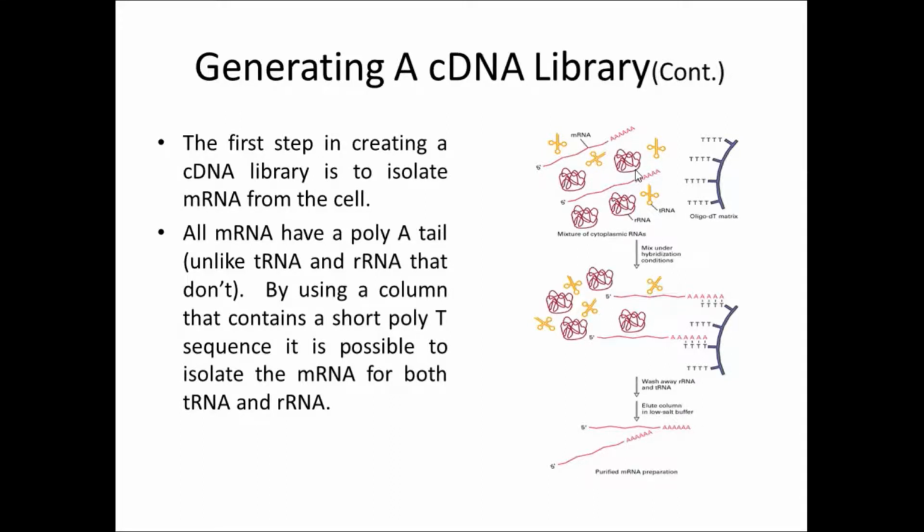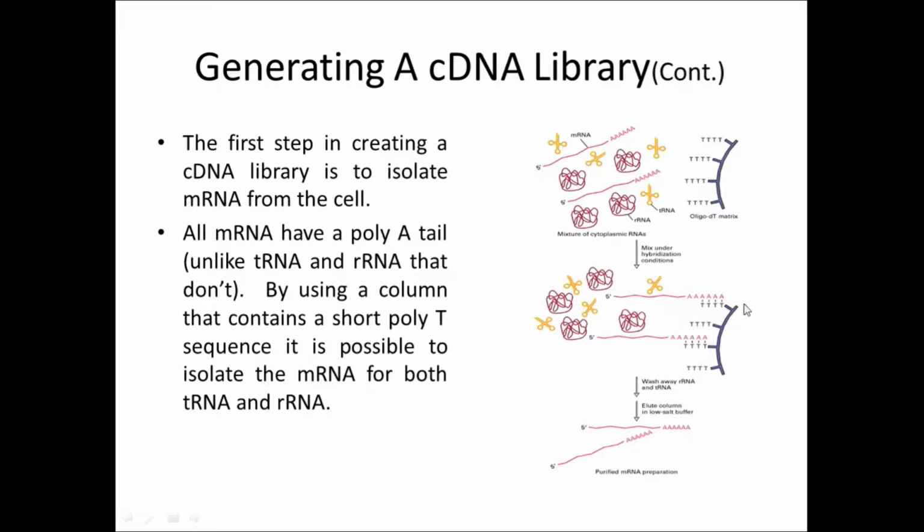So the tRNA and rRNA are removed, because they do not have the specific poly-A sequences. The poly-A sequences of the mRNA bind to the polythymine oligonucleotide primers. Apart from that, the unwanted rRNA and tRNAs are eluted out.